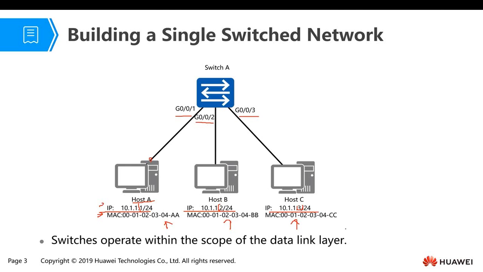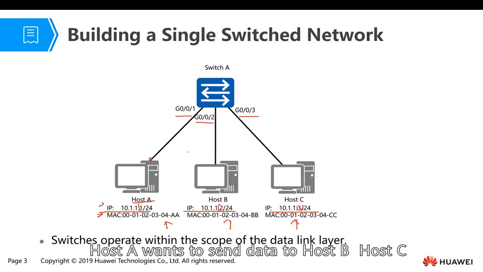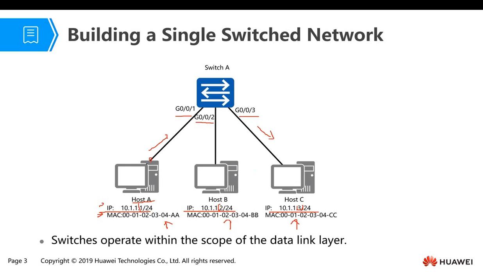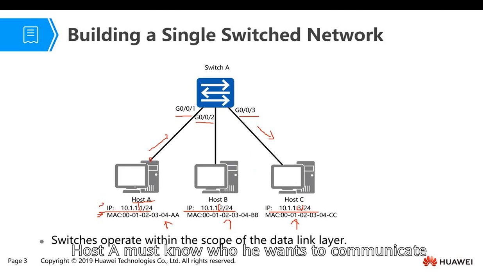Then when a host, for example host A, wants to send data to host C, what will happen? Host A must know with whom it wants to communicate.